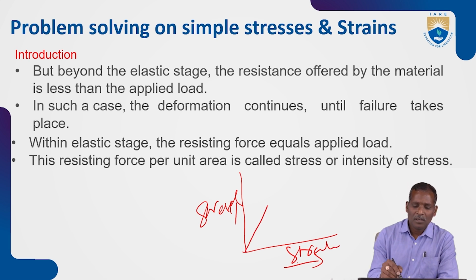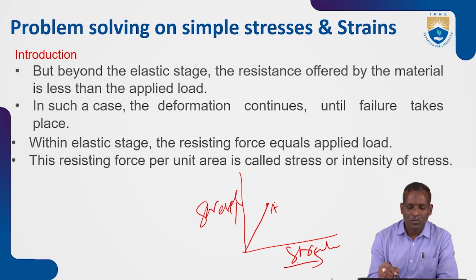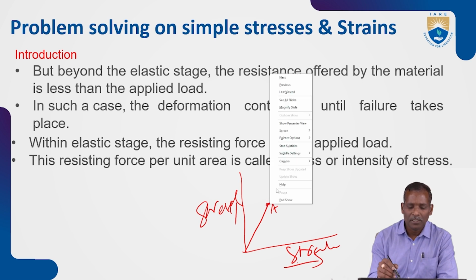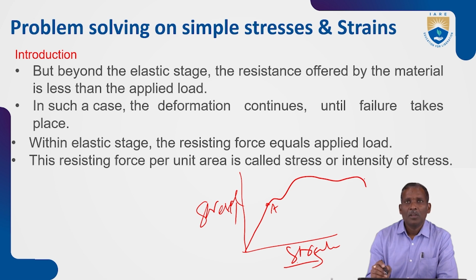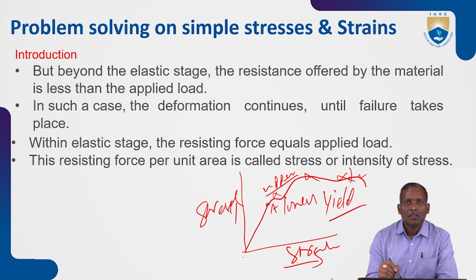Up to the elastic limit, there is no problem, there is no permanent deformation, and then comes the upper yield point and lower yield point, and then fracture. This is the ultimate stress and then the failure point. This is the elastic limit stage.